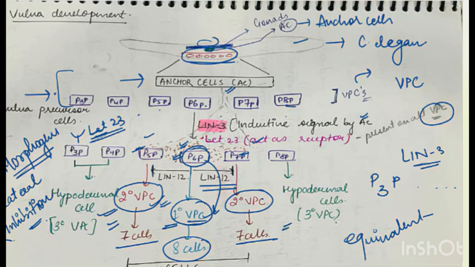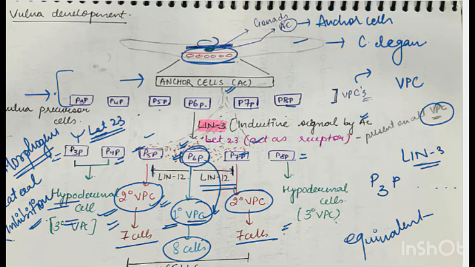So remember about this. In addition, you have P3.p, P4.p and P8.p, which all had equivalent properties. All of them could have converted into that, but because the concentration reaching P3.p, P4.p and P8.p is very low, they get converted into the hypodermal cells.